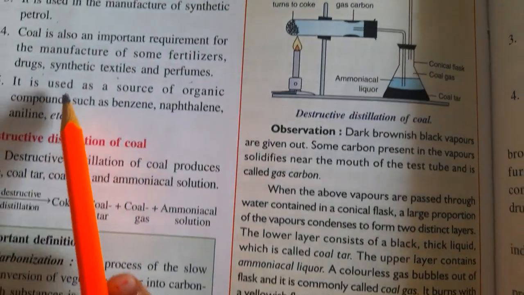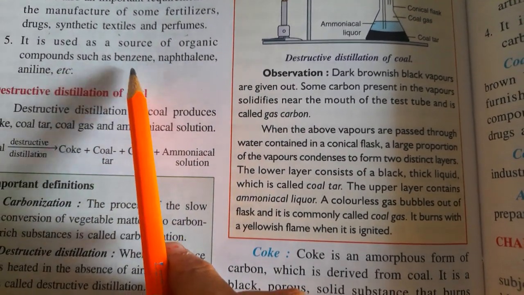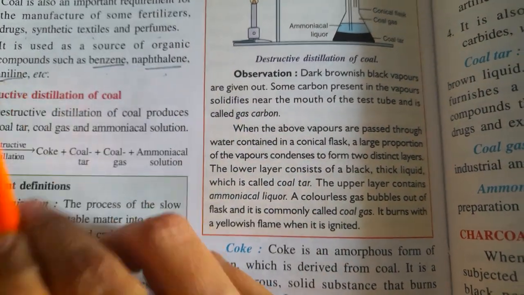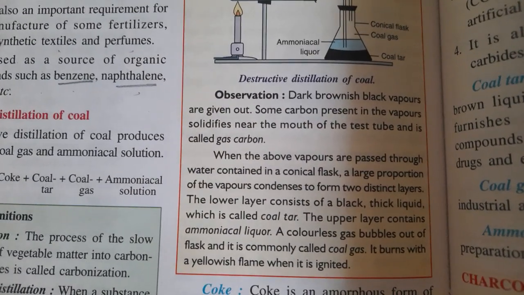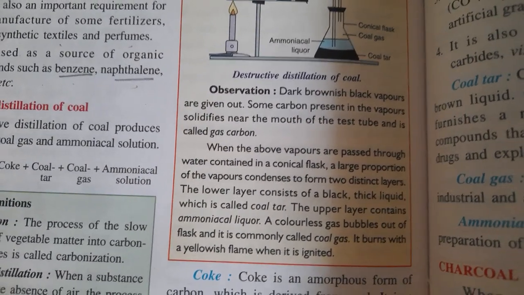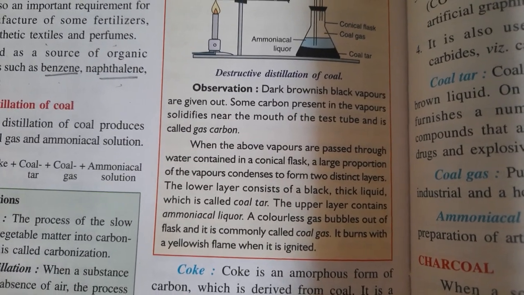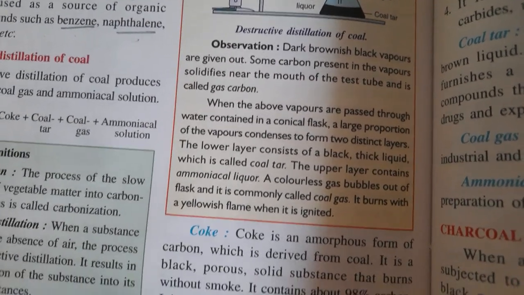Very important. It is used as a source of organic compounds such as benzene, naphthalene and aniline. These are chemicals, and we can find their sources from coal.